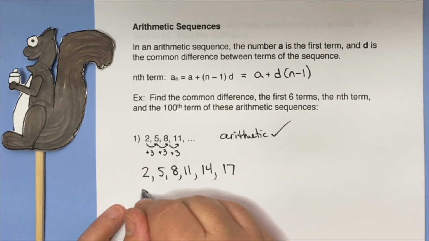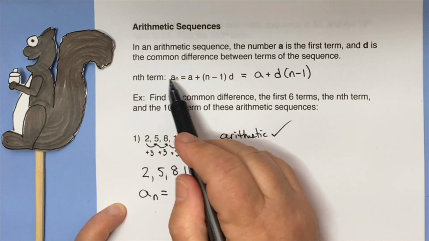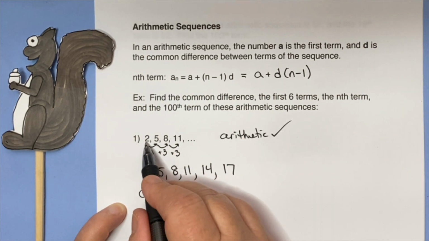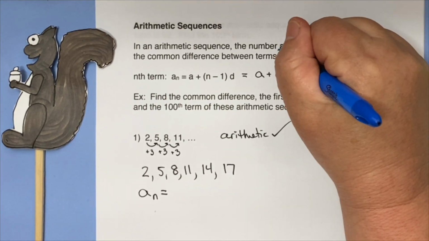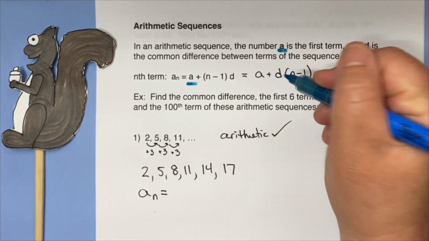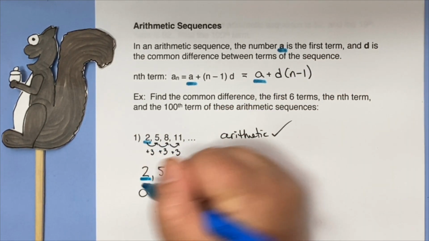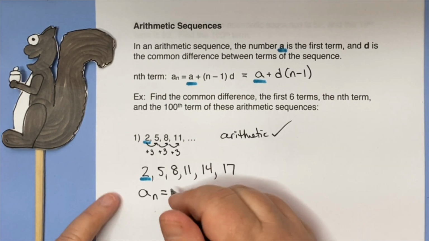The nth term, an, again, following one of these two formulas, whichever one makes the most sense, I'm starting with, let me underline the 2, the a. This is my a. That first term is going to be my a.